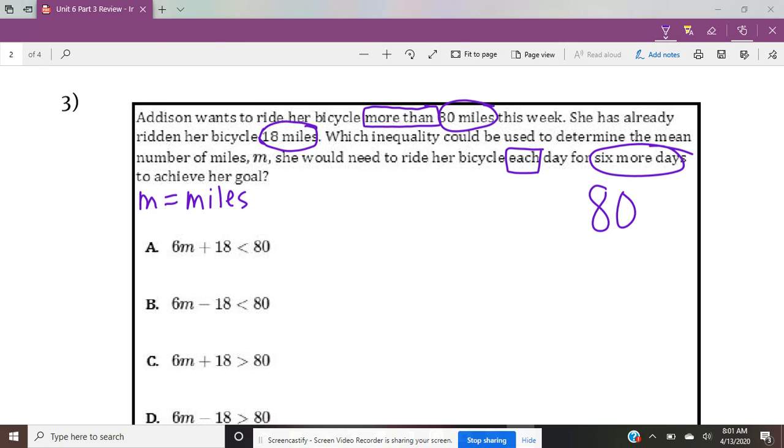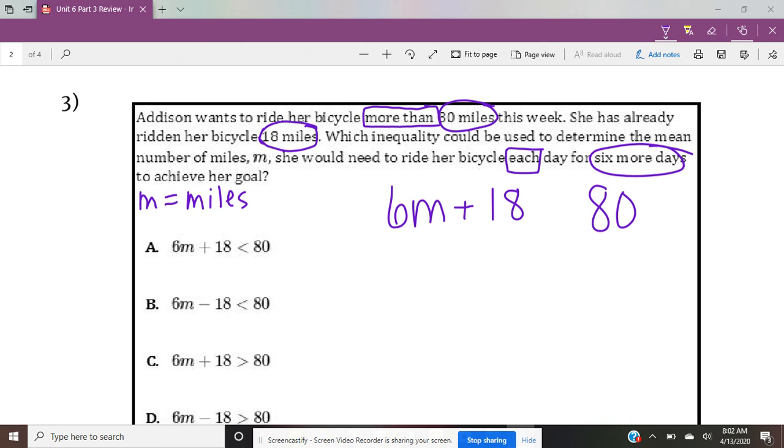So the first thing I notice is she wants to ride her bike for 6 more days, and each day she's going to go about the same. So we're going to say 6 times M. She already has ridden her bike 18 miles. So plus 18.